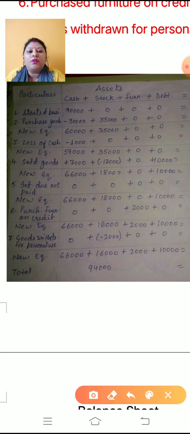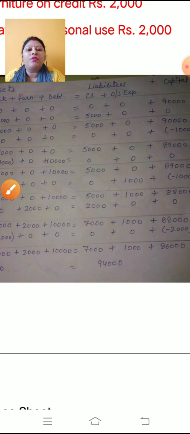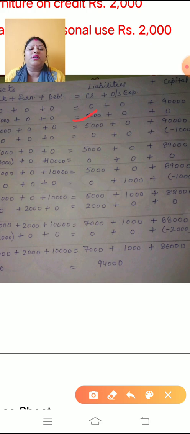This 35,000 you have to add in stock. Now 30,000 out of the 35,000 is for cash, it means we are paying cash, so 30,000 subtract. And 5,000 on credit means on the creditor side, the liability side, you have to show 5,000 in the creditor column.